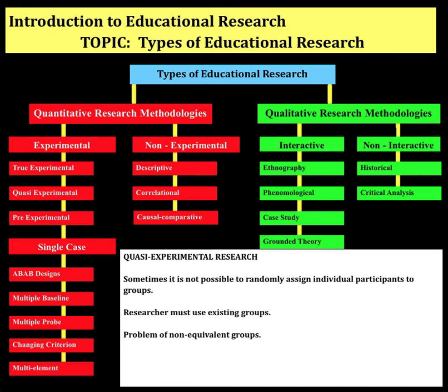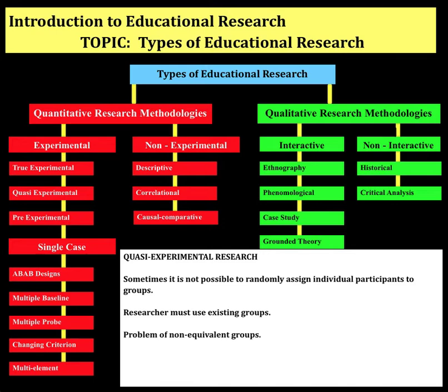You can't pull them out of their class, but you may be able to use 2 classes or 3 classes. Well, this creates a problem in terms of true experimental research because it's not random assignment. So researchers have to use existing groups. And of course, one of the major problems with that is that if the groups are not equivalent, then the findings can be somewhat sketchy.